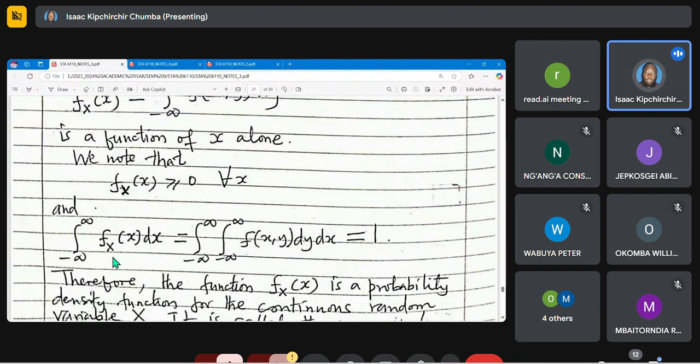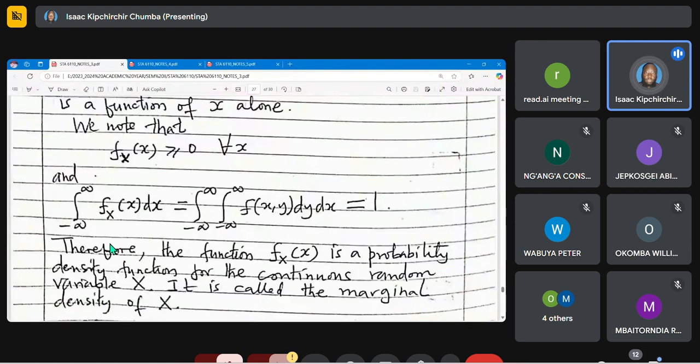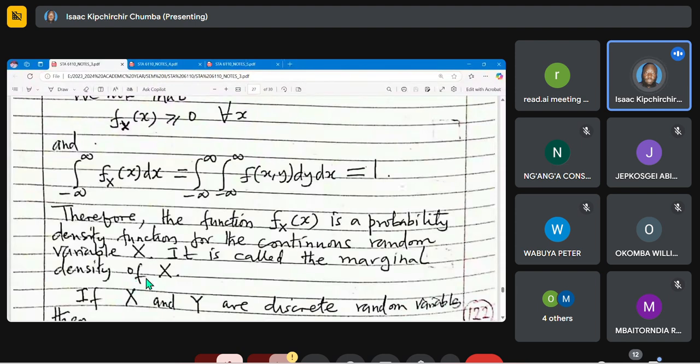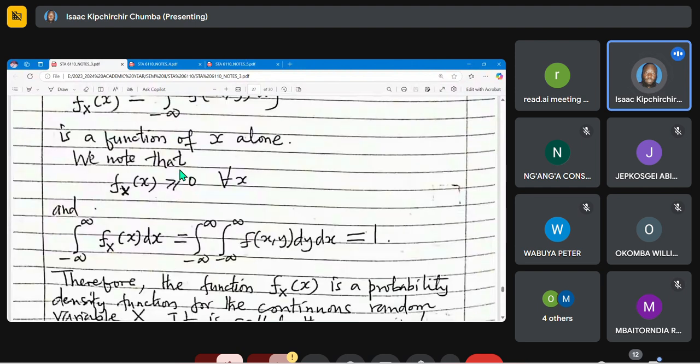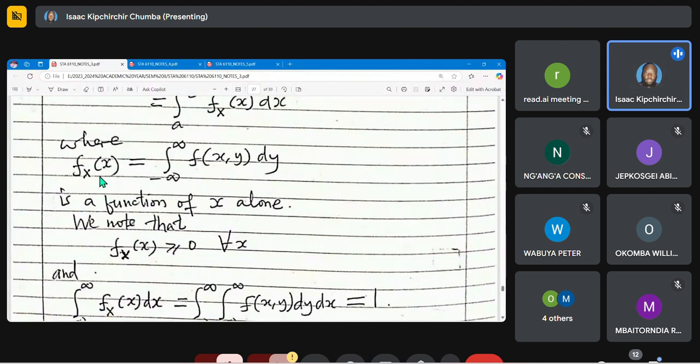Meaning if we integrate fX of x, we are getting 1. So it means this is actually a probability density function for the continuous random variable X. It is called the marginal density of the random variable X. So basically, we are saying to get the marginal density of X, you integrate the joint over the other variable. Basically, you integrate the joint over y, you get the marginal of x.